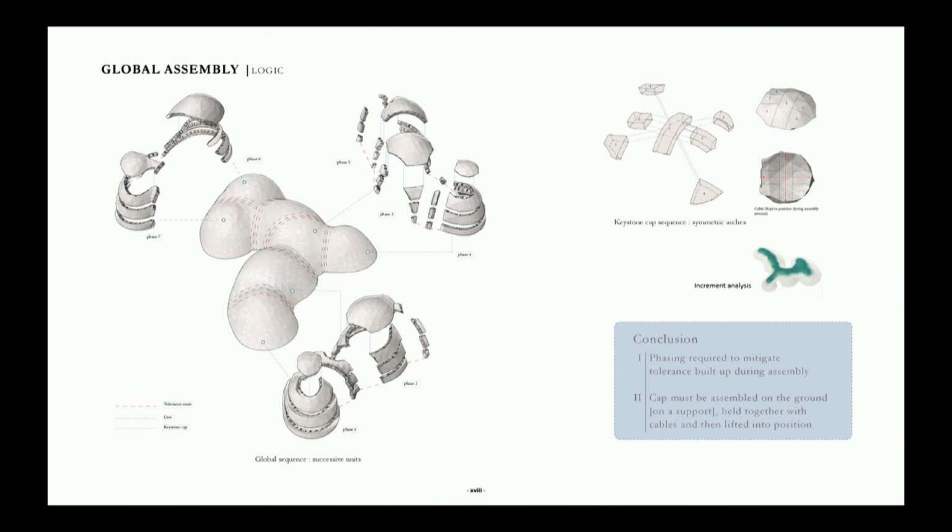In terms of global assembly, we used increment analysis, which you can see on the right, in order to derive our assembly sequence. So the assembly itself consists of sequential placement of self-sufficient dome-like shapes, and the last part is the cup, which is assembled on the ground, then secured by the cable and placed last.